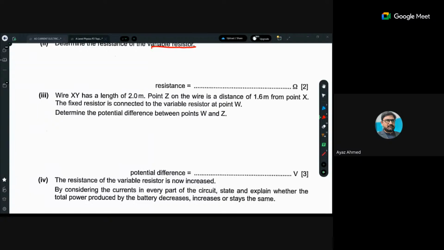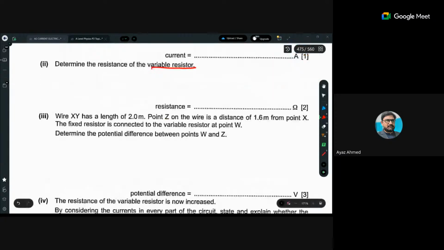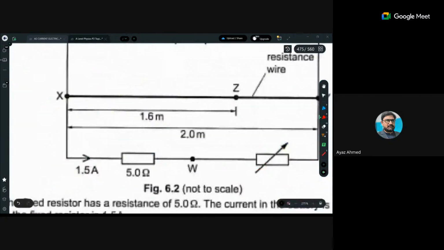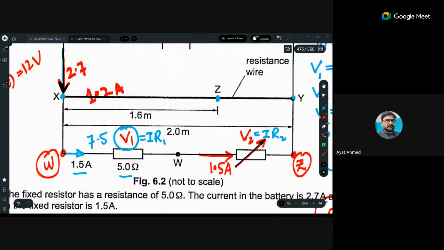The fixed resistor connected to the variable resistor is at point W. Determine the potential difference between W and Z. It is a 3 marks question. What do we have to do? We have to determine the potential difference between W and Z.